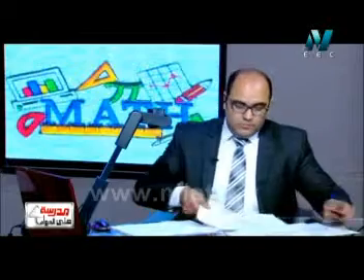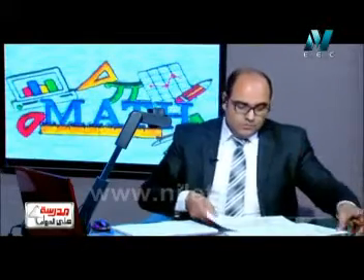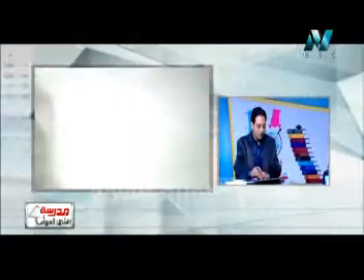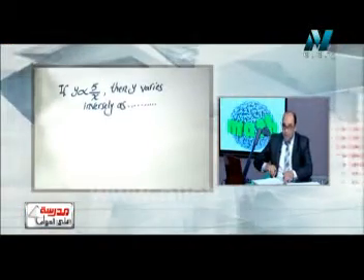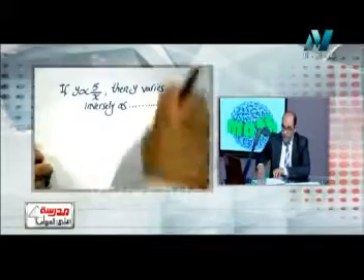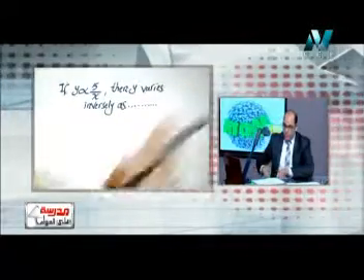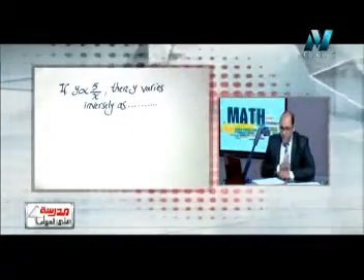If y varies 5 over x, then y varies inversely as x. We said before that as long as y varies as a constant over x, this is the form of the inverse variation.